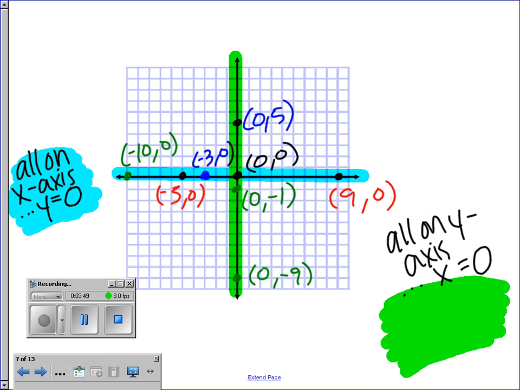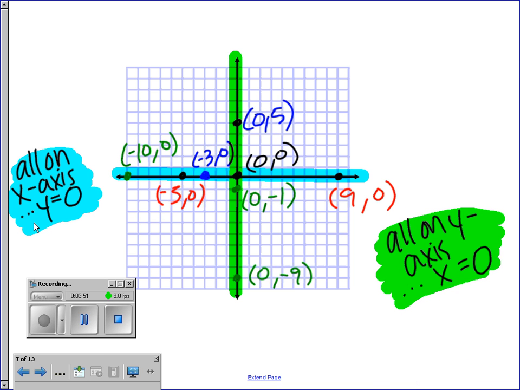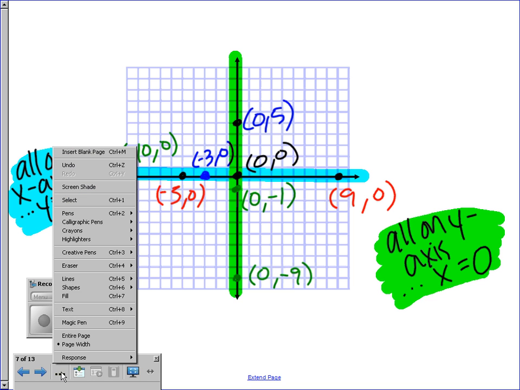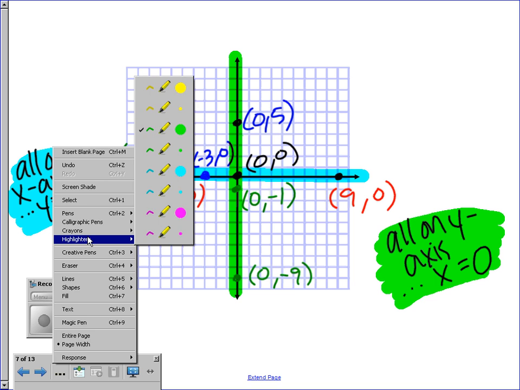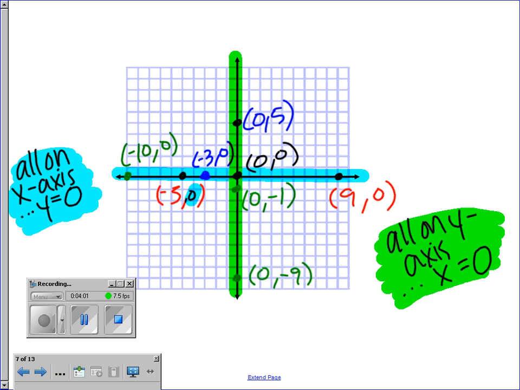Also, if I plot any point on the y-axis, then x equals 0. So if I look at all of the points on the x-axis, y equals 0, excuse me, the origin's different.